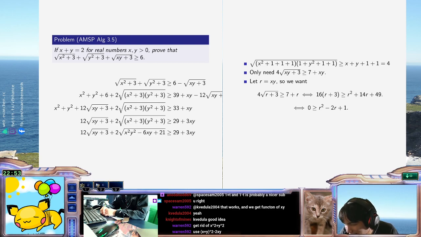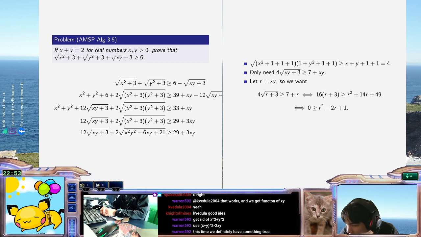I don't want to square both sides. Can I do some Cauchy garbage or something? But the problem is the square roots are going the wrong way, right? Sums of square roots are not great.